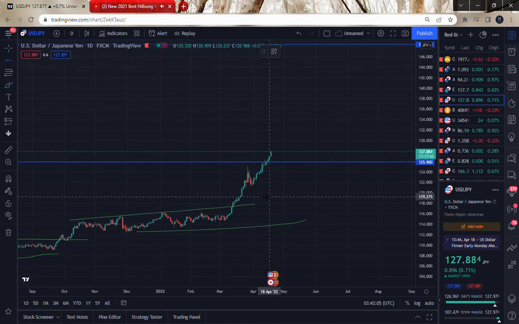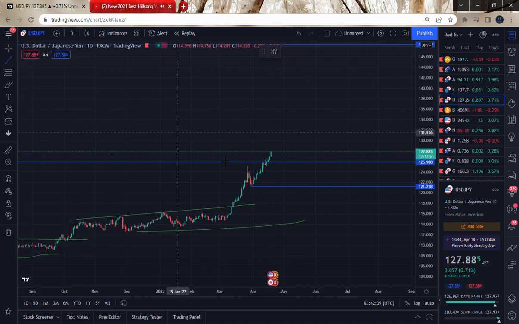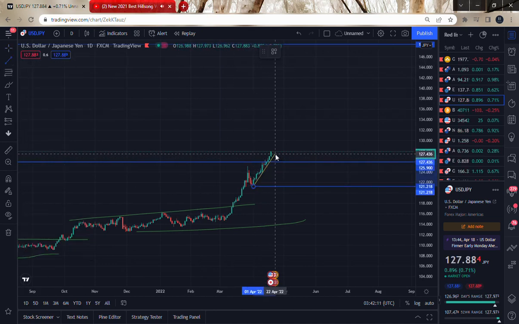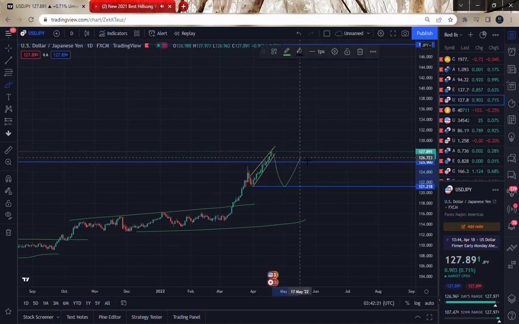Here on the daily, I could just highlight this low, try to figure out how price is moving right here. If however I'm gonna get any correction, it's gonna be to this. It's gonna be like this, and then the move will go to the upside.